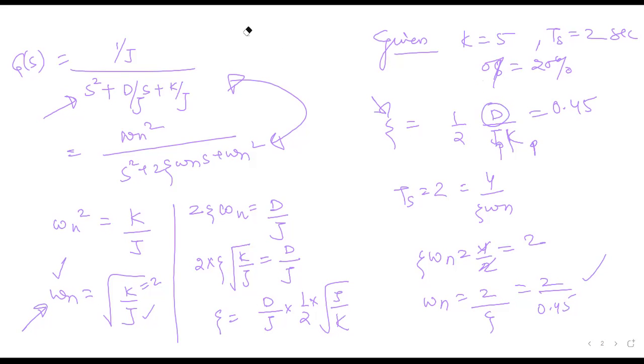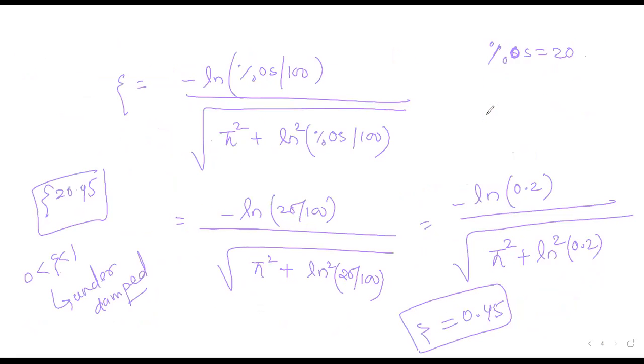So let's do how to find the value. Let's do the example. Find omega n. Omega n is 2 by 0.45, which is 4.4.